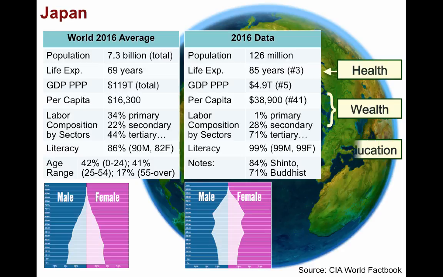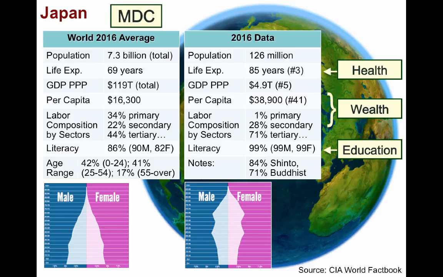And the data also shows education, represented by literacy. These three general categories, health, wealth, and education, give us the clearest indication of a country's relative development. And this data, taken together, clearly qualifies Japan as an MDC.